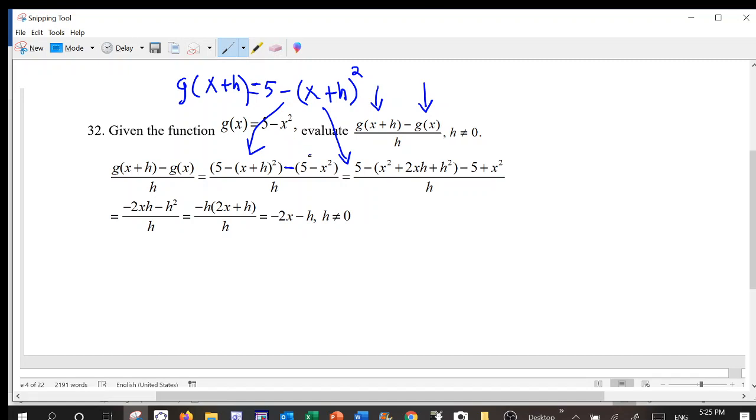And then this right here is our g of x, right? It says g of x plus h minus g of x, and then divide by h.